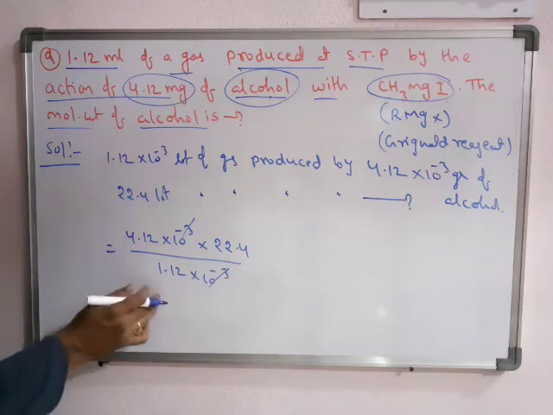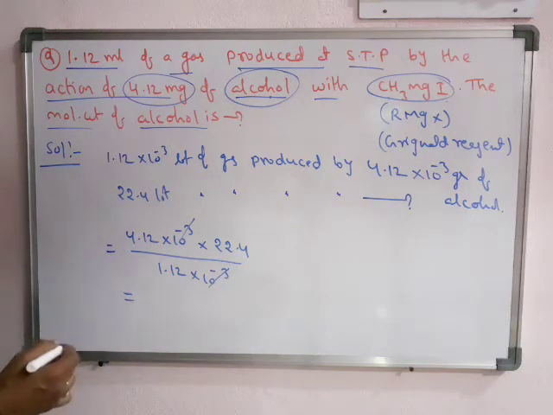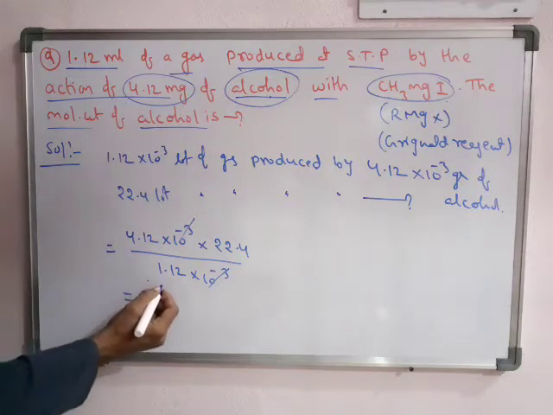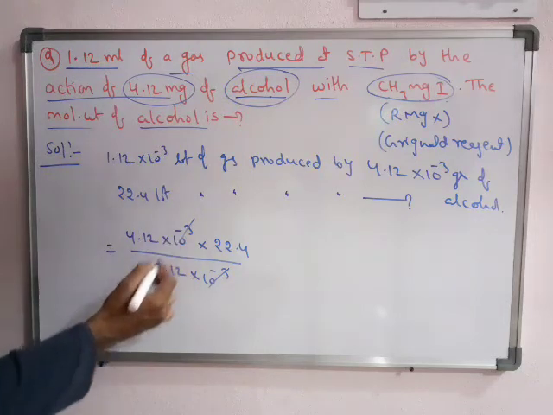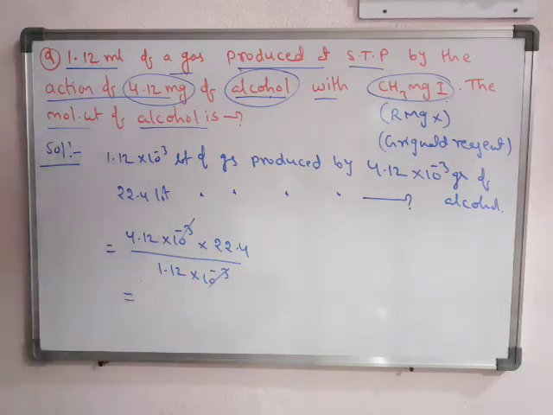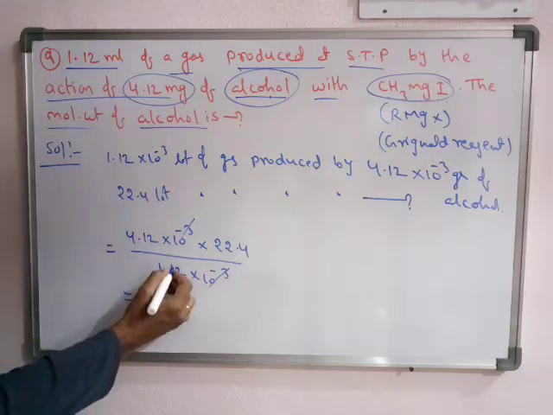So 412, make it 11.2 on the overall calculation, so both get cancelled. On final calculation, we will get 82.4.